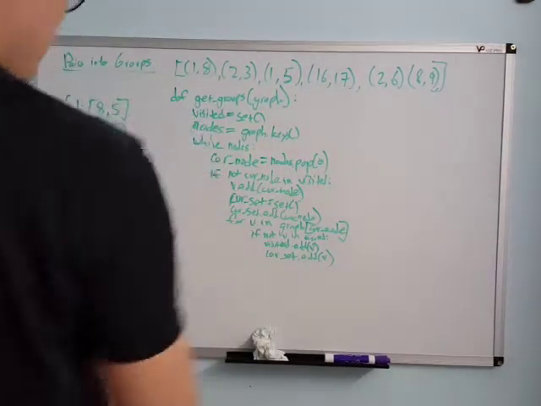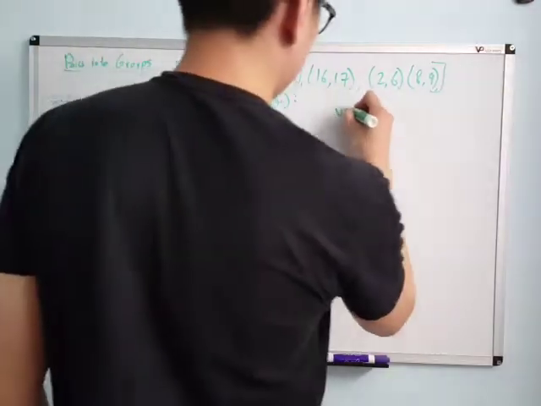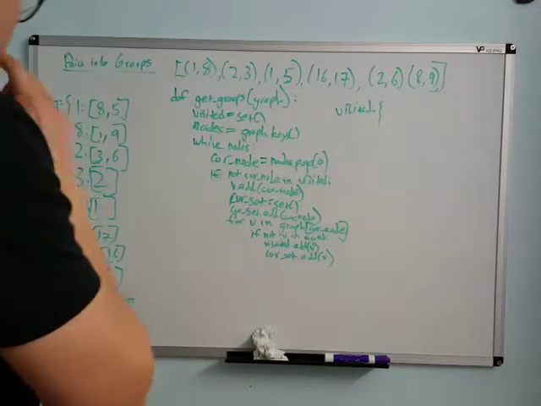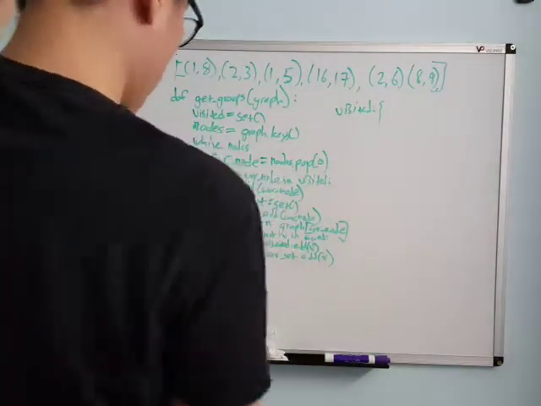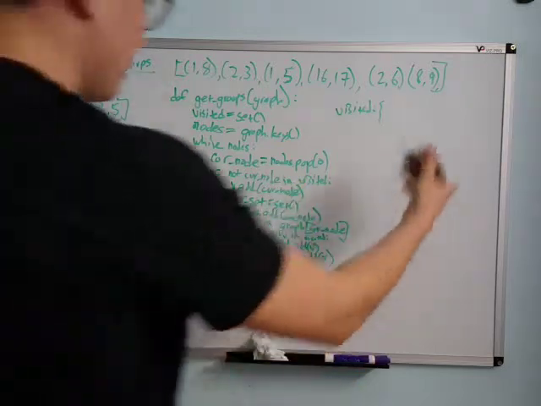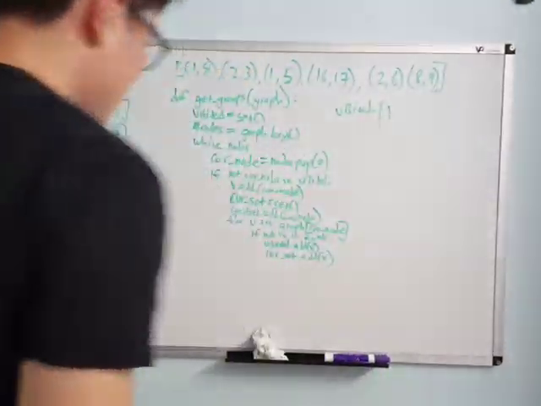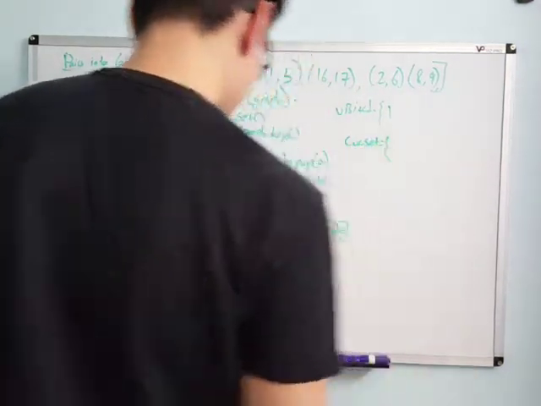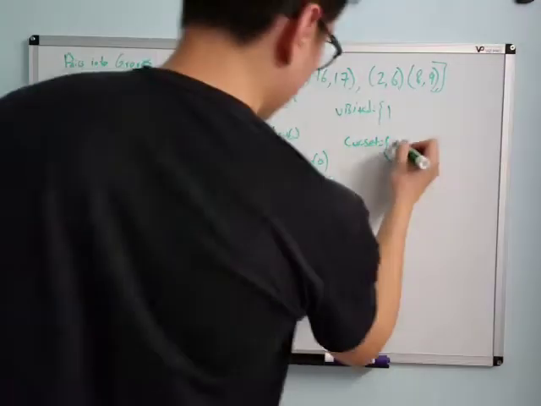So we have visited set, we have some set, cur node, just going through the nodes. We get 1 first. 1 is not in visited. Add 1 to visited, and add it to the cur set.